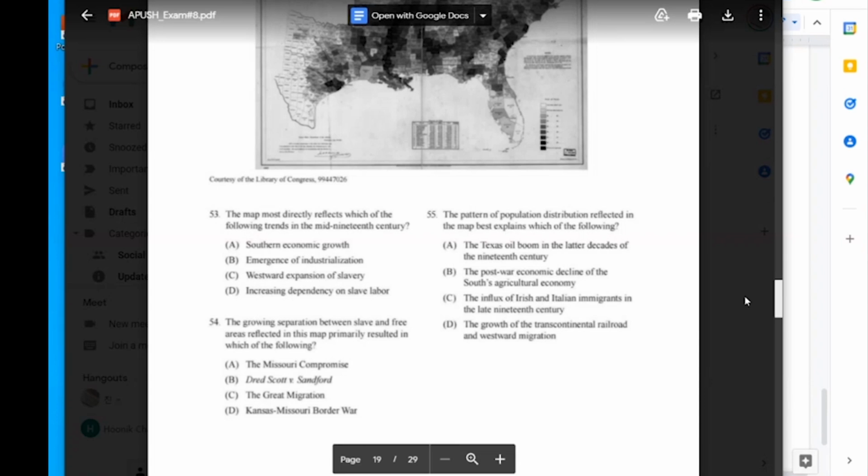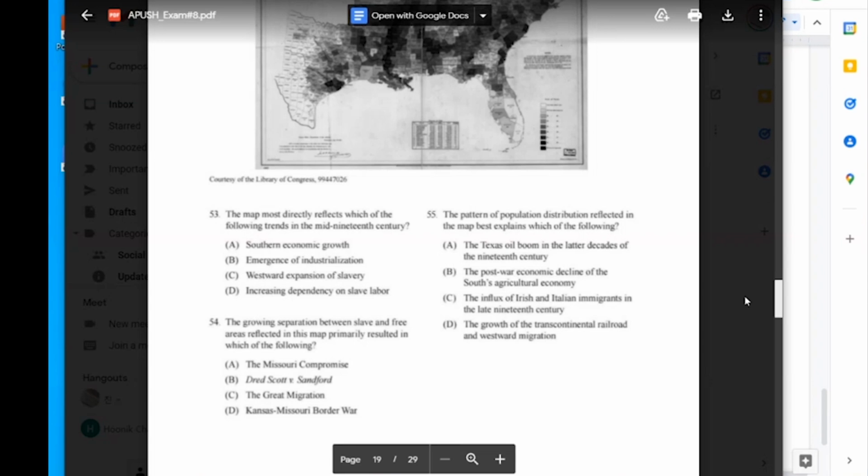So you have to really focus on the information given in the stimulus. This question is rather focusing on the post-war impact of the population distribution. Oh, that's what they're talking about? Yeah. I don't even know what time period the map is showing. Around 1860. Oh, I didn't know that.